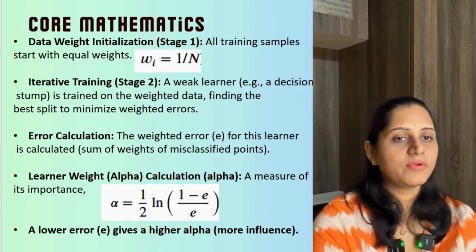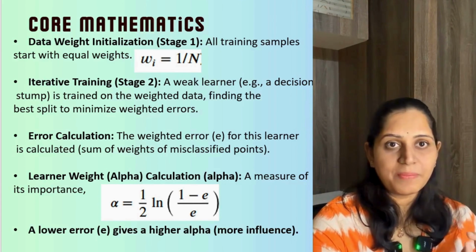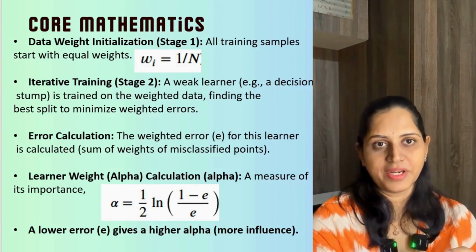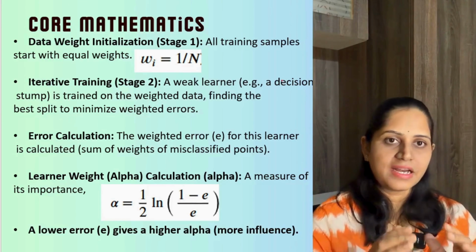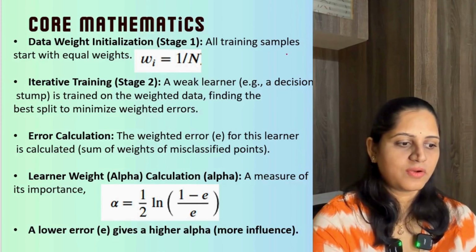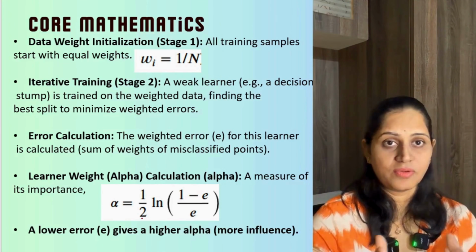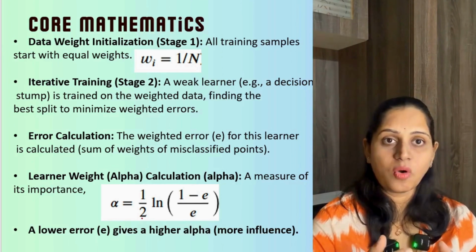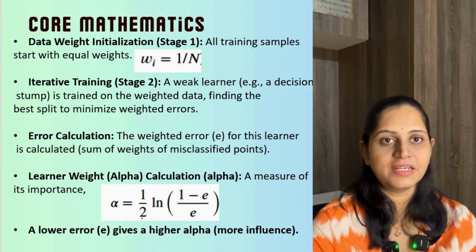Then finally we get the alpha part, which is nothing but the learner weight, that means the weak learner weight. This formula is the one which you need to remember. The alpha value is half times the log of (1 minus e) divided by e.